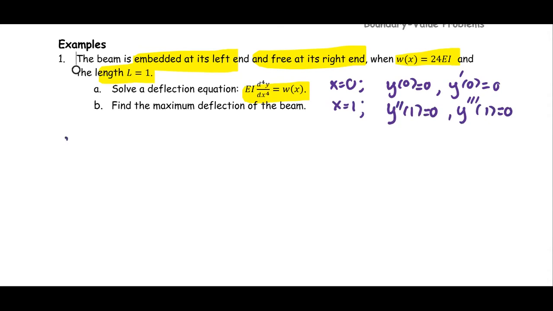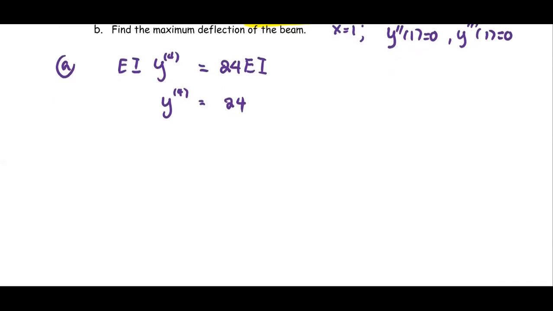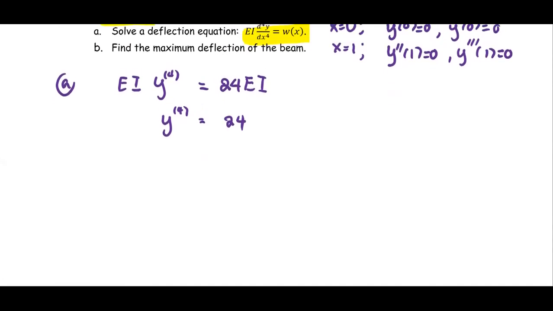Then we rewrite the equation as EI times the fourth derivative of y equals w. In this case, w is 24 times EI, so EI and EI cancel, and the fourth derivative of y equals 24, with the four conditions. Then we find the antiderivative four times to get the deflection y.